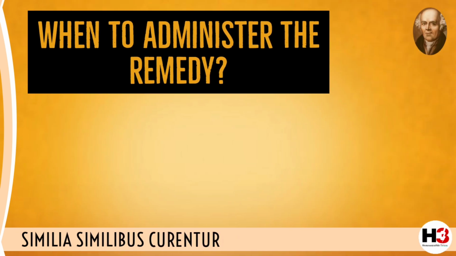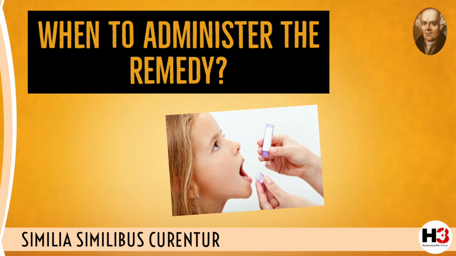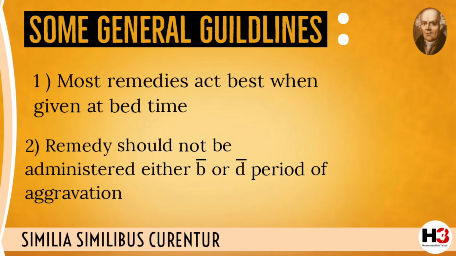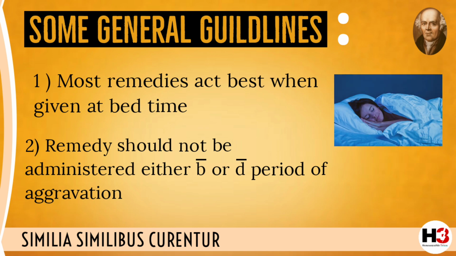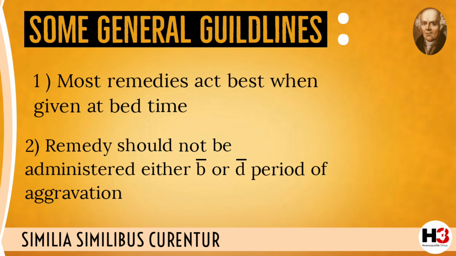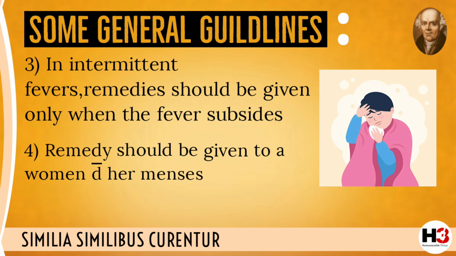The next question is when to administer a remedy. Most often there is no extremely specific rule for this, but there are definitely a few important guidelines, which are as follows. Most remedies act really well when given at bedtime. A remedy should not be administered either before or during the period of aggravation. In cases of intermittent fevers, the remedy should be administered only when the fever paroxysm subsides and not during the presence of the fever paroxysm.